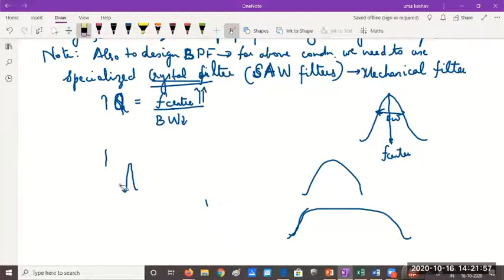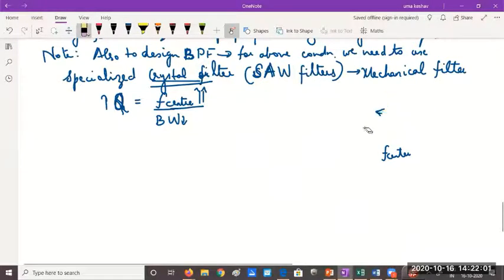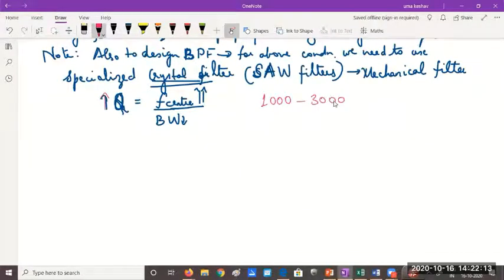The quality factor is a measure of the ratio of the center frequency to bandwidth. The narrower the bandwidth, the higher the value of quality factor. In this case, we need filters of quality factor ranging from 1000 to 3000, which is very, very difficult to design and implement.